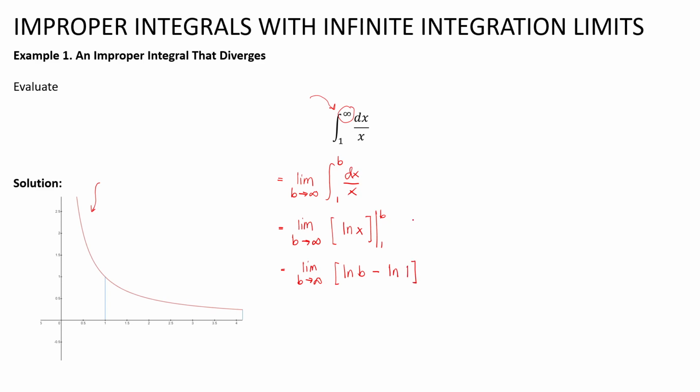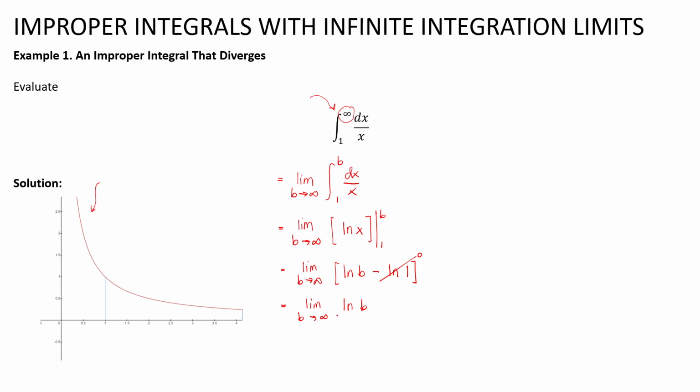If you calculate ln 1 in the calculator, this will give you a value of 0. So what's left in the equation is the limit of b as b approaches infinity of ln of b.